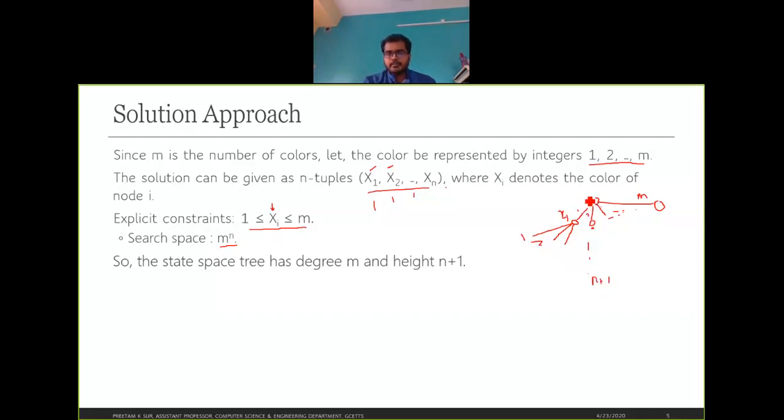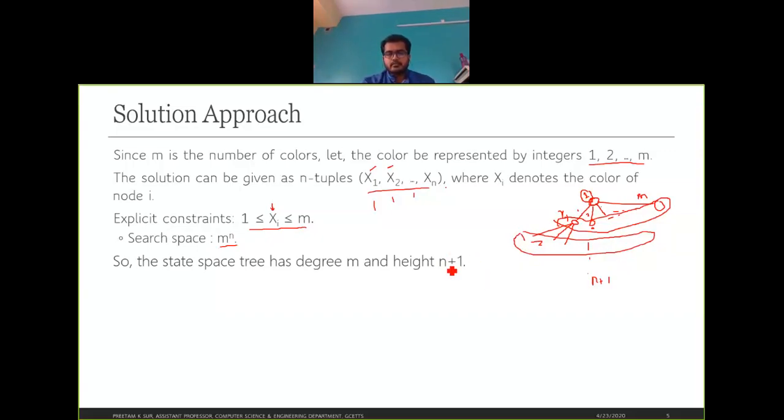The first level denotes the state where none of the vertices is colored, the next level denotes the color of the first vertex, and this level tells you the color of the second vertex, like that.